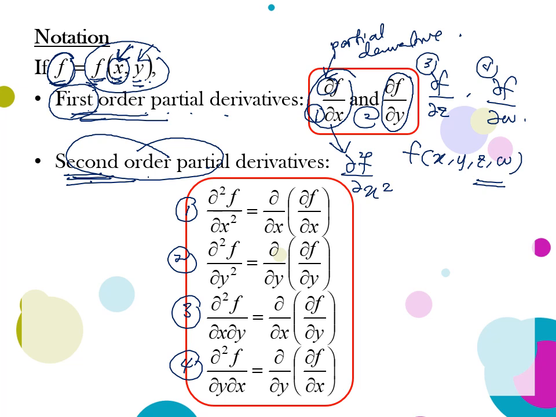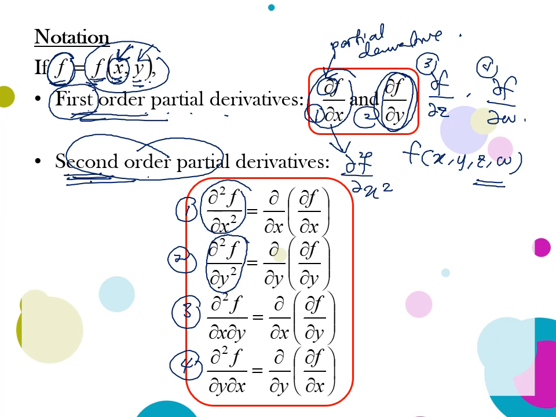You are differentiating your function f with respect to the same variable, x. You can do the same thing for y. When you differentiate the first order derivative one more time with respect to the same variable y, you will get the second order for the same variable.